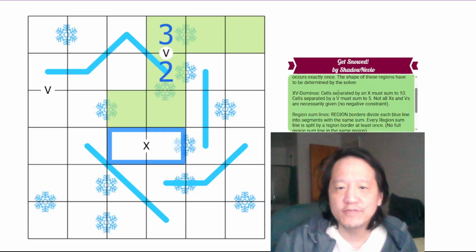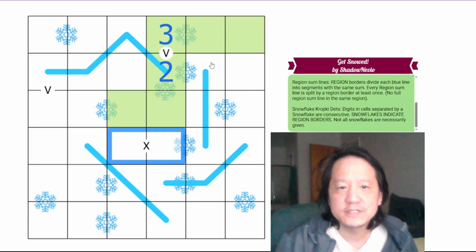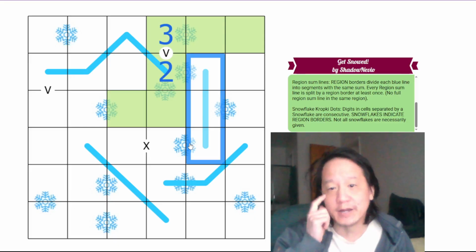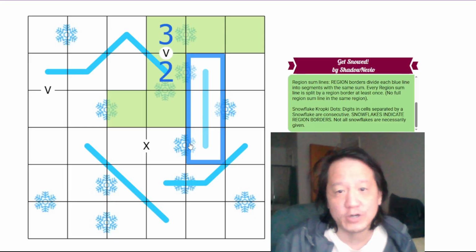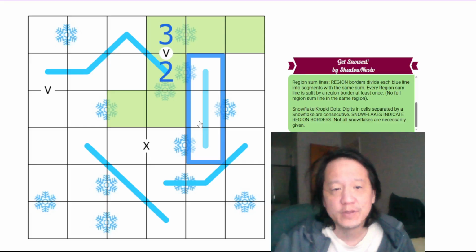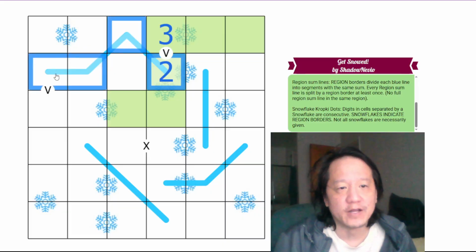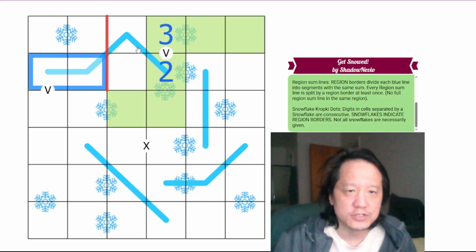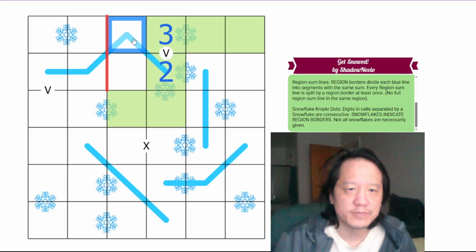We have region sum lines, where region borders divide each blue line into segments with the same sum. And every region sum line is split by a region border at least once. There's no full sum line in the exact same region. So along the region sum line, say that we had a region border here, then these two digits would have to add up to what these two digits must sum up to.